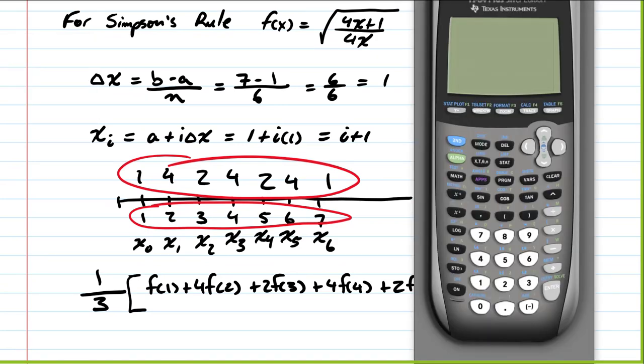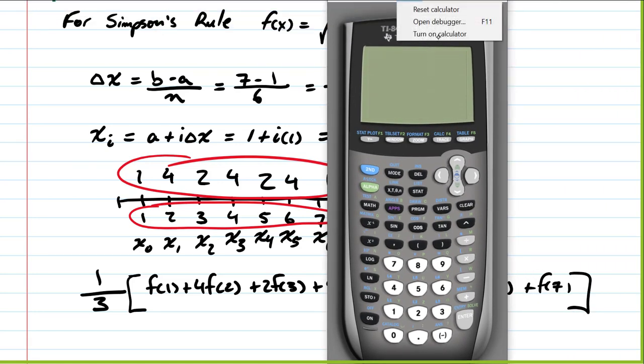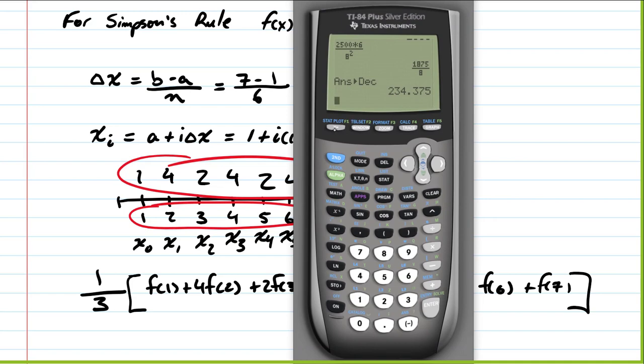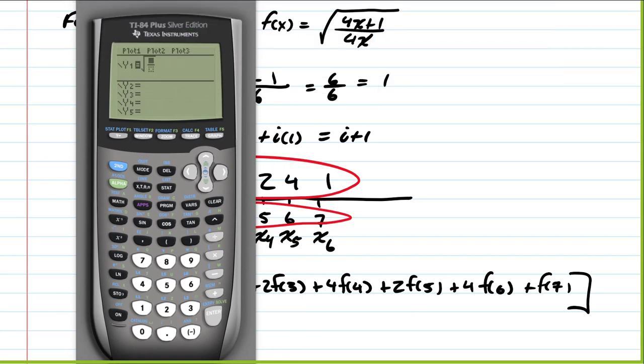So we grab our calculator. Let's get our f put in. So y equals, and our f is the square root of the fraction 4x plus 1 over 4x.